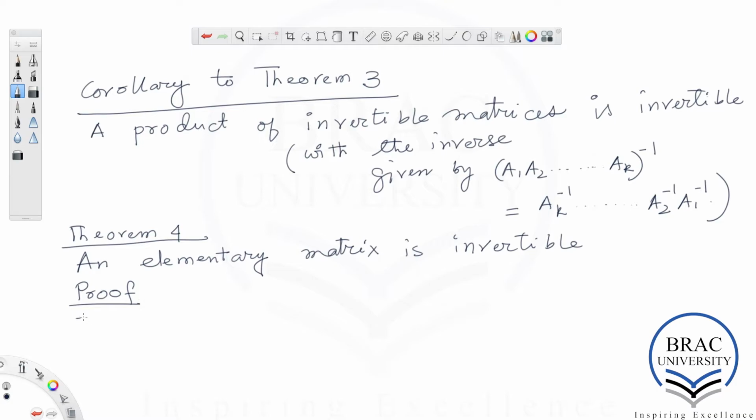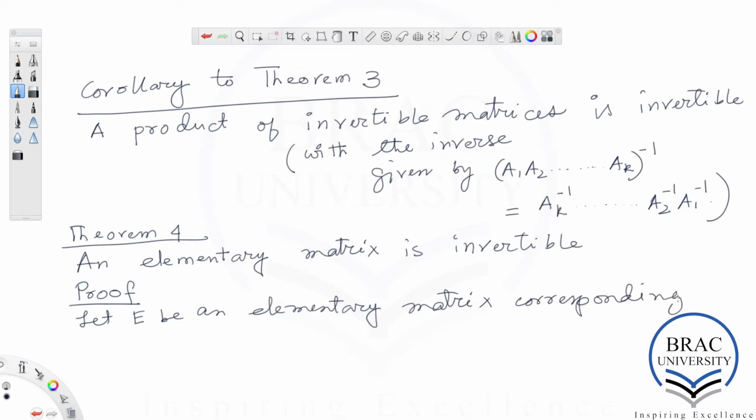Let E be an elementary matrix corresponding to the ERO small e, which is guaranteed by Theorem 2.